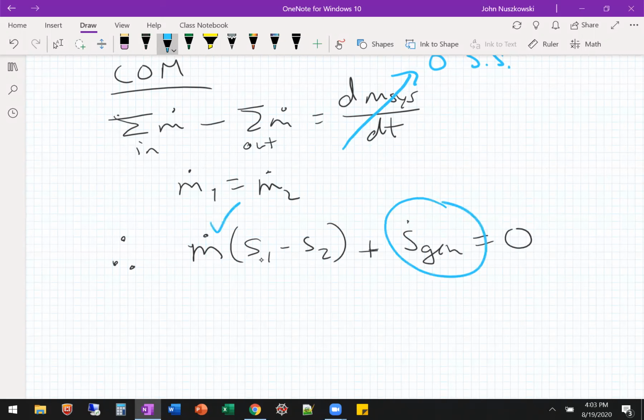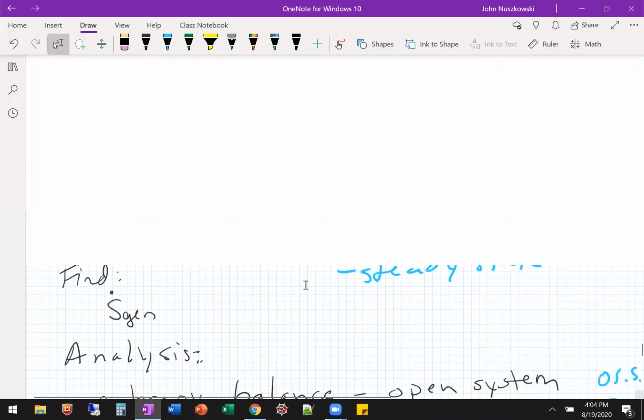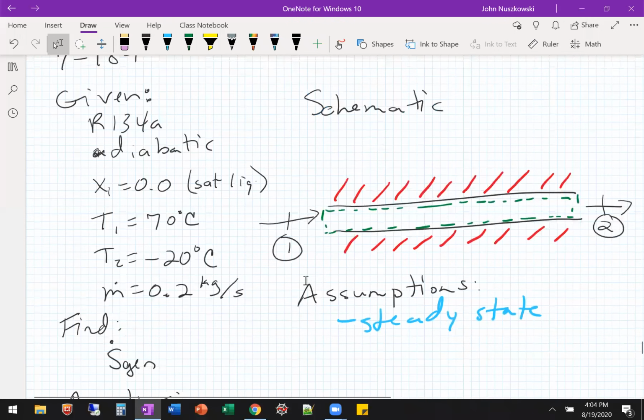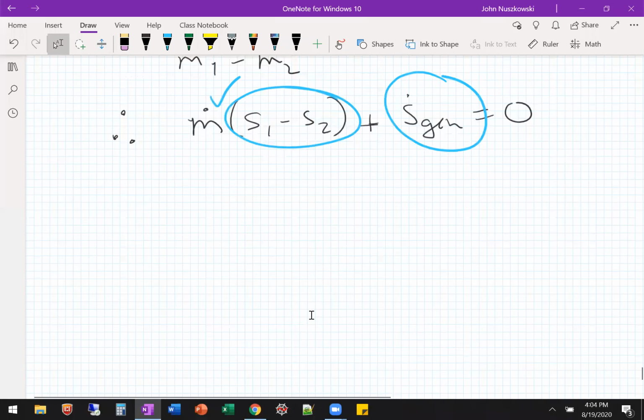Okay. So we're looking for the rate of entropy generation. They gave us mass flow rate. We've got to figure out our entropies. How do we do that? Table? Yes, right, we have refrigerant, so we've got tables. So let's do our states.